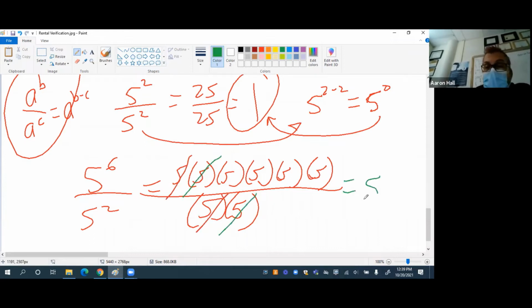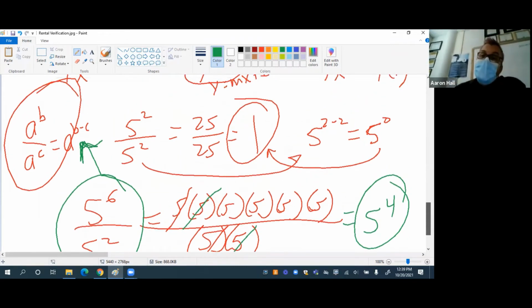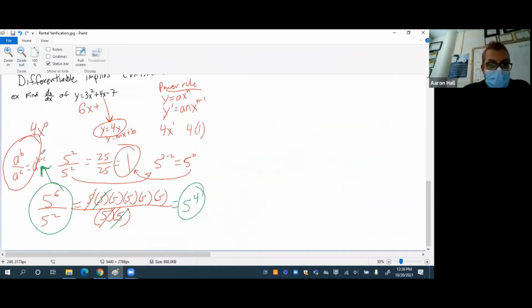And so I'm left with 5 to the power of 4. If I use the same law that we had up here, would I still get 5 to the power of 4? Yeah, so it works. We know that these laws work, and they work because mathematicians saw patterns. All right, so if this works and this works, then anything to the power of 0 has to be what? 1. So what is x to the power of 0, assuming x is not 0? It has to be 1.